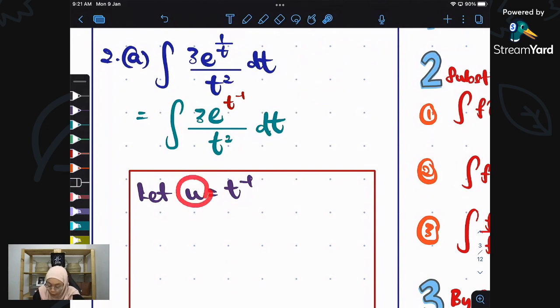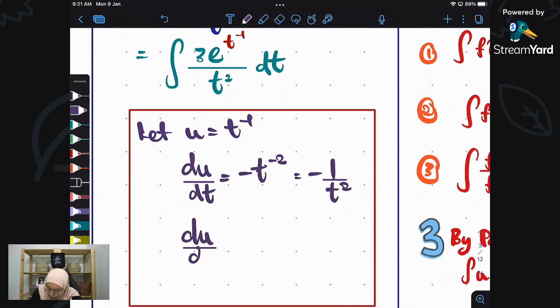That's why I let u equal t to the power of negative 1. And then I'm ready to differentiate it with respect to t, guys. No more x, but it is t, okay? Now we differentiate, not integrate yet, differentiate first. So it will become negative t to the power of negative 2. du dt will become negative 1 over t squared.